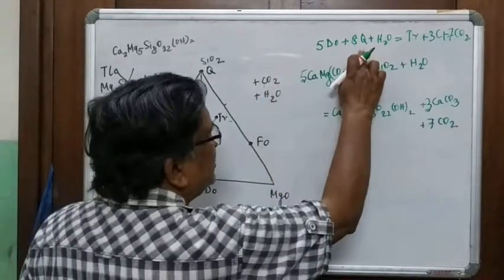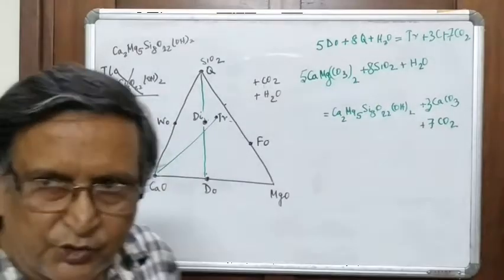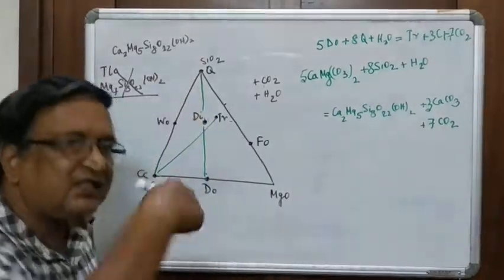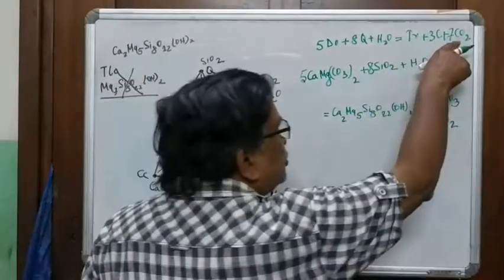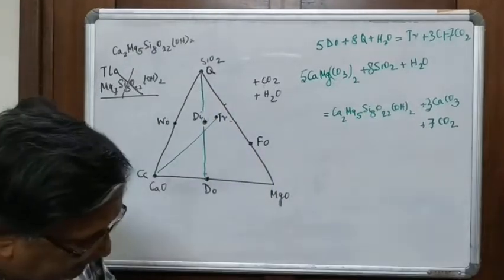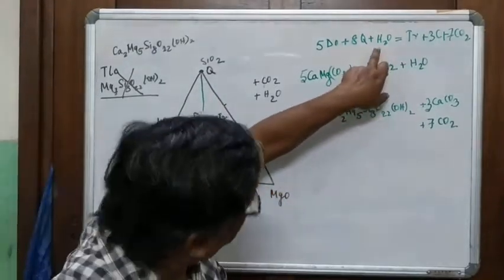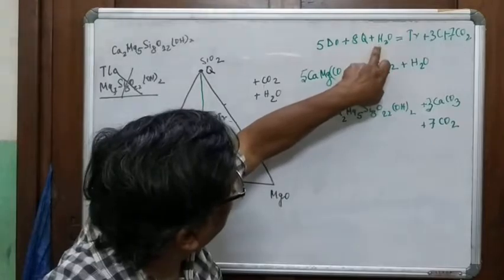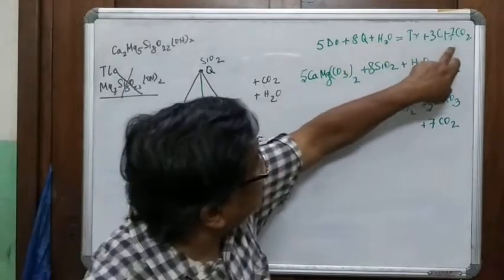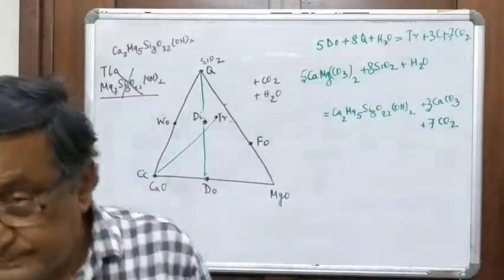So dolomite reacts with quartz but requires hydrogen. So hydrogen is consumed and CO2 is produced. And if you see, for 1 mole of H2O consumed, 7 moles of CO2 are added.